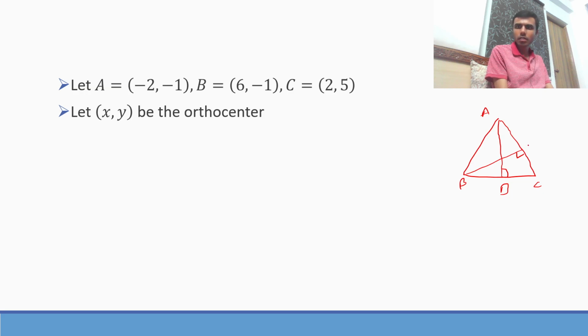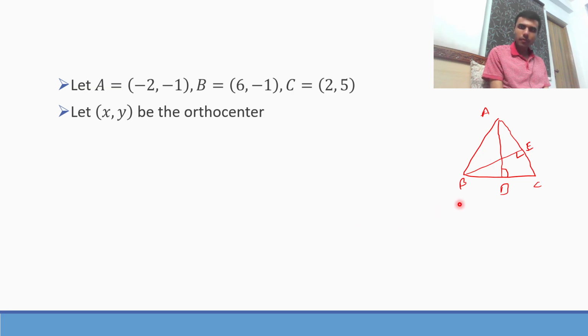Now this will be E. The point of intersection of the lines AD and BE is nothing but our orthocenter. This point you can see, where I just placed my cursor, where the two lines meet, that is where you get your orthocenter. Now how are we going to find it out?